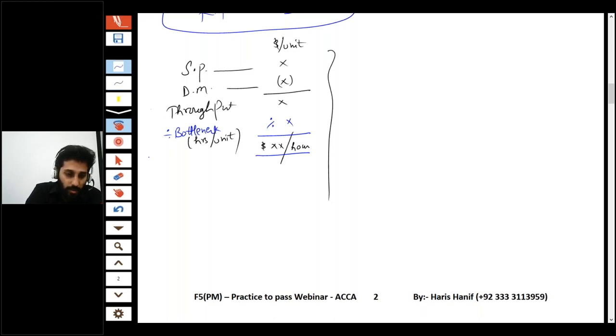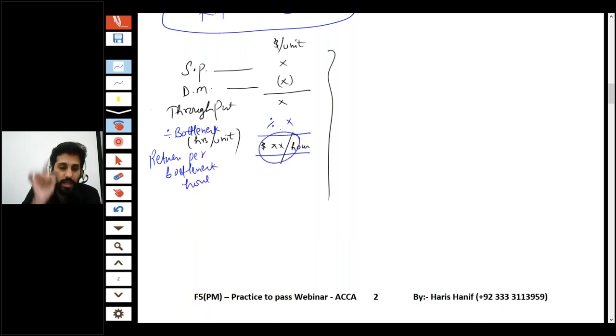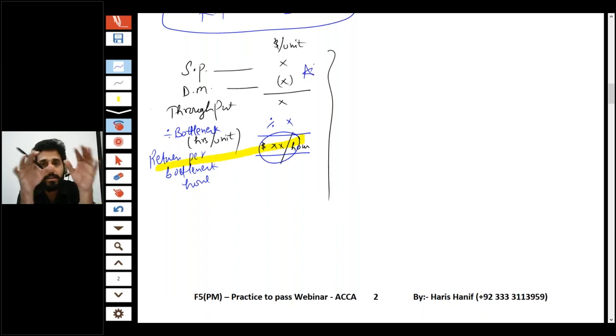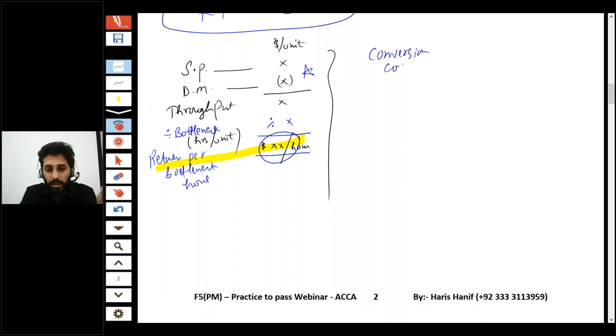This figure is known as return per bottleneck hour. It's written per bottleneck hour, right? I'm underlining it. Next, the material cost is counted. Now we are left with conversion cost, that is direct labor plus production overheads.